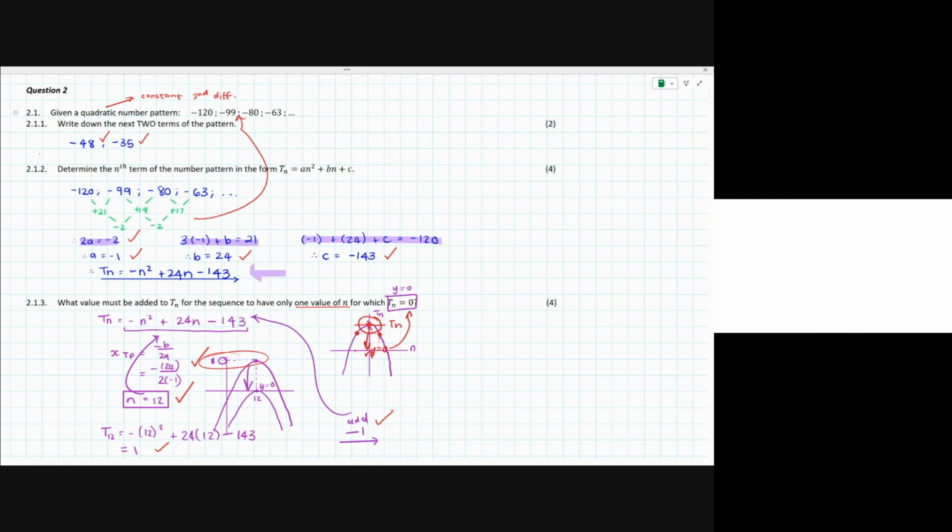Okay. And then my second question, ma'am. It's similar to 2.1.3. Ma'am, how would you approach the question if it had asked us between which two terms of the quadratic number pattern there would be a difference of a certain number?